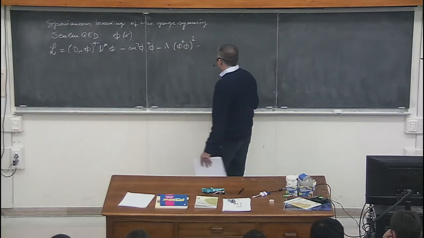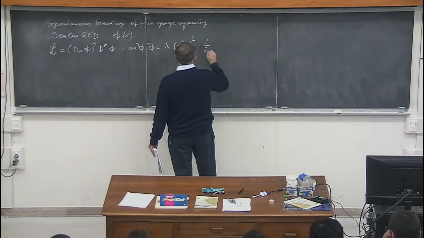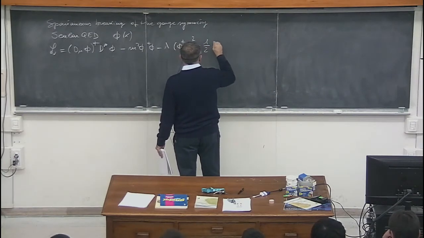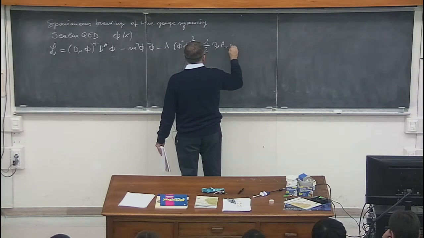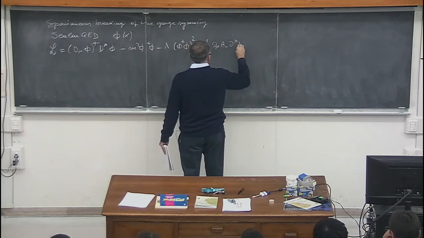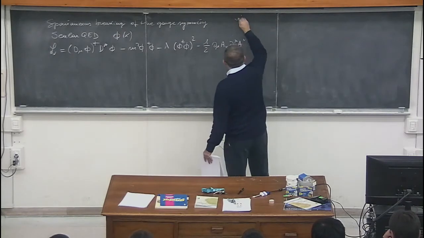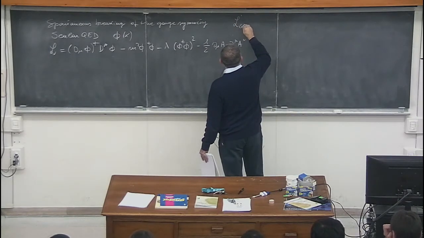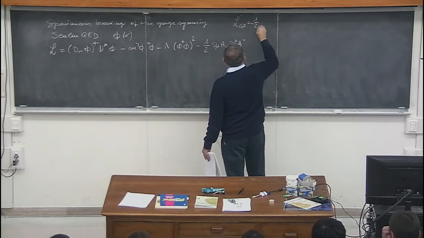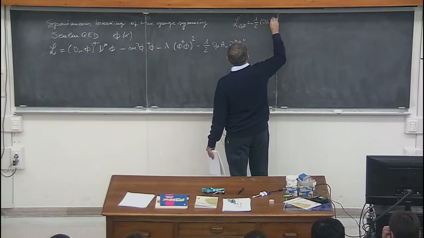In the Feynman gauge, the free field Lagrangian for the electromagnetic field is minus 1/4 F mu nu F mu nu. The Feynman gauge means that the gauge fixing term is equal to minus 1/2 (d mu A mu) squared.